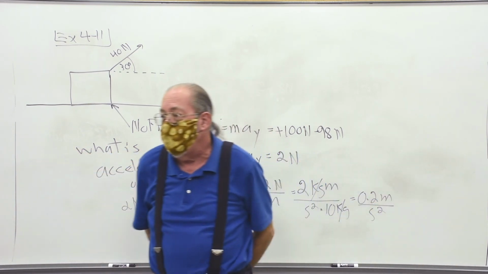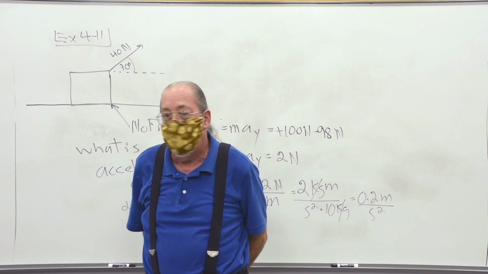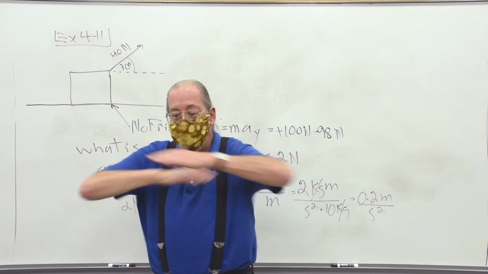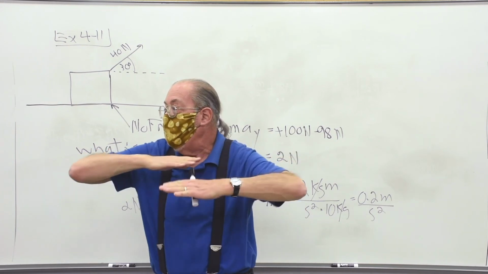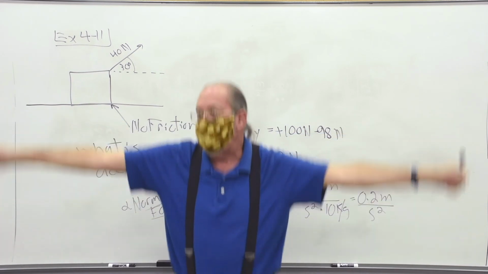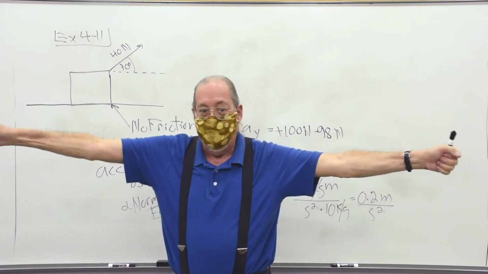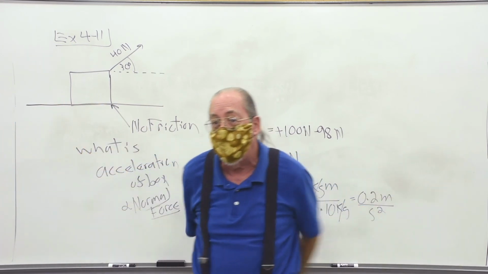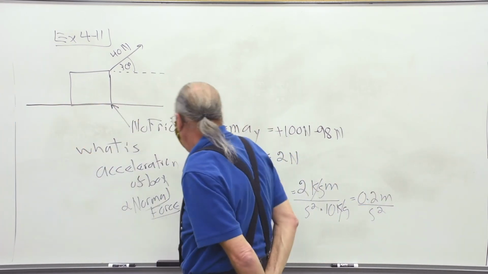Would the glider do anything at all? No, it would just sit there. Because no friction means you can't apply a force this way. But if I took the air track and went like this, would that change the glider? Oh yeah. But if I move the air track sideways, the glider would just sit there with the air track moving underneath it. As long as there's no friction.